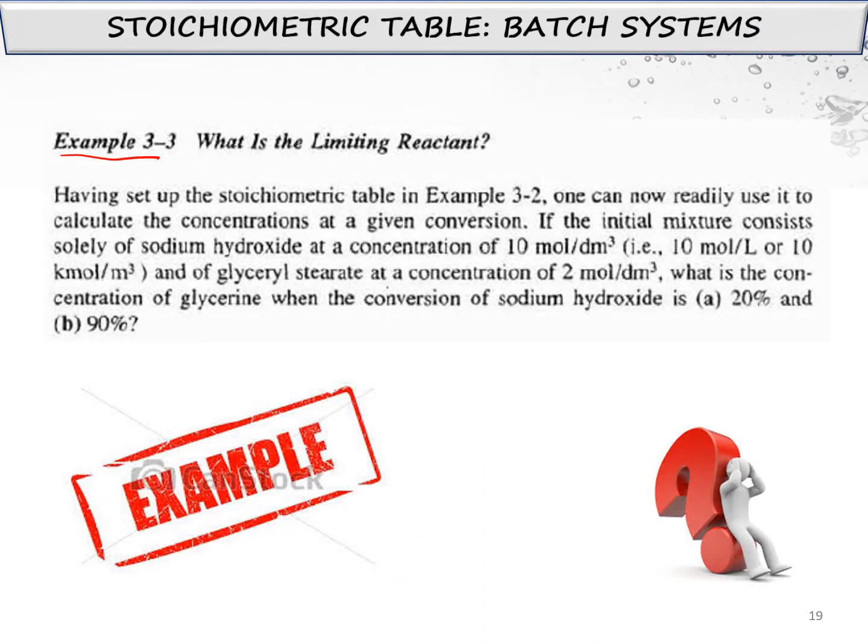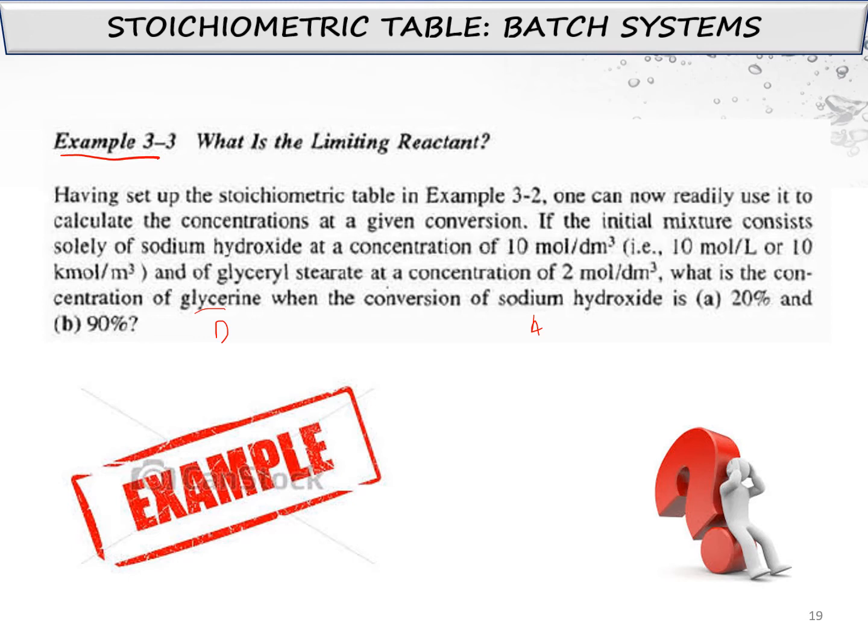So for example 3-3, this relates to the previous example. You need to get the concentration of glycerin, which is D, when the conversion of sodium hydroxide, which is A, is 20% and 90%.